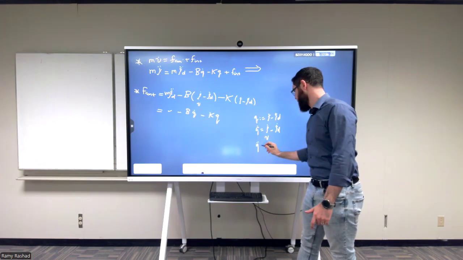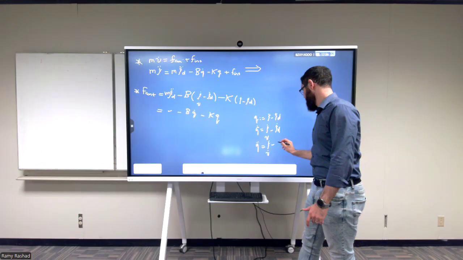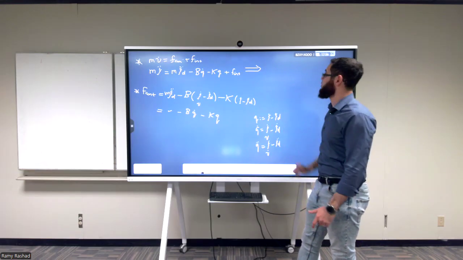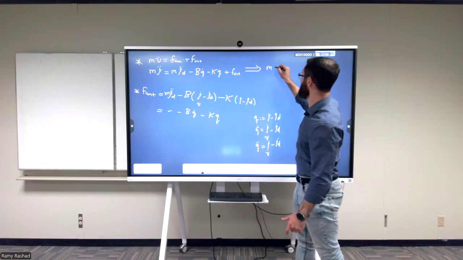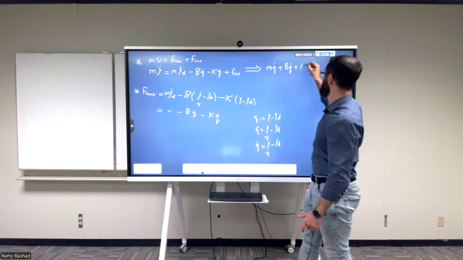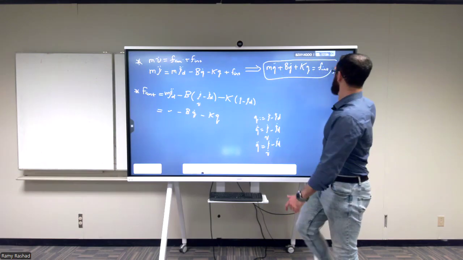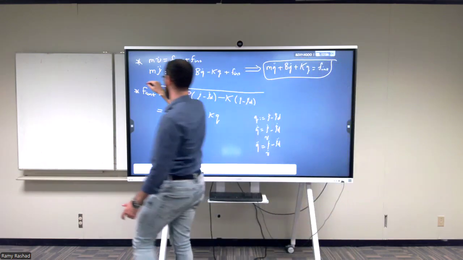And the q double dot is the psi double dot, or the v dot, minus psi desired double dot. So in the end, you see we're going to have m q double dot plus b q dot plus k q equal to f interaction. So you see, this is the control law.